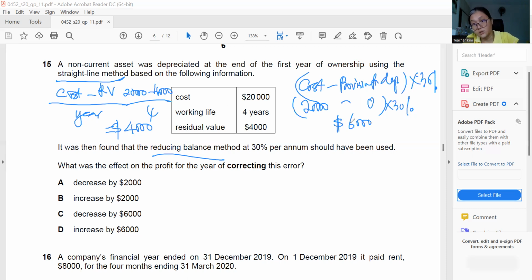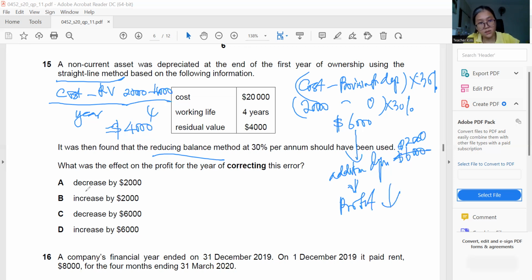This is an additional 2,000. So an additional 2,000 will cause the additional depreciation of 2,000. This 2,000 will reduce the profit by 2,000 as well. So here decrease by 2,000. 15 should be A.